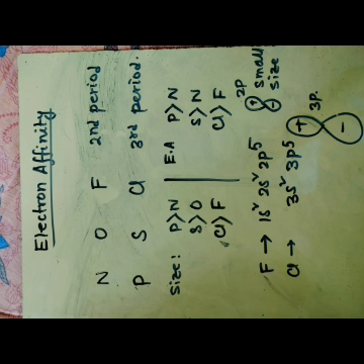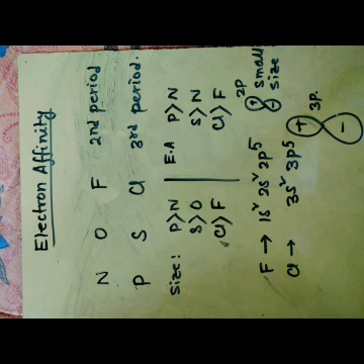Actually, the third period elements always have higher electron affinity than second period elements. That is, chlorine has more electron affinity than fluorine, sulfur has more electron affinity than oxygen, and phosphorus has more electron affinity than nitrogen. Why?